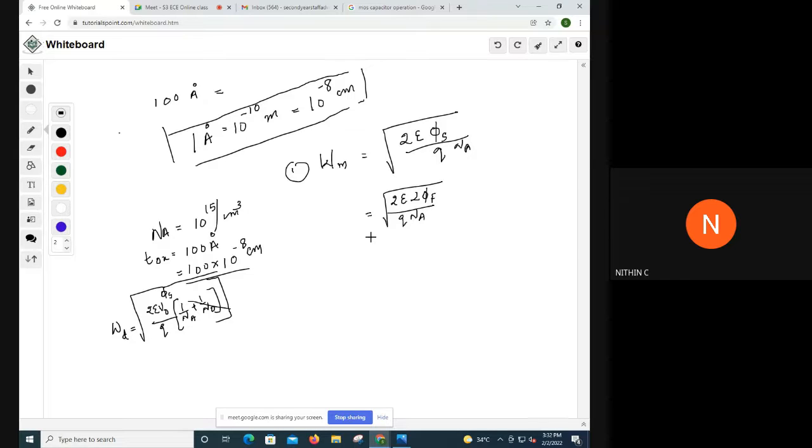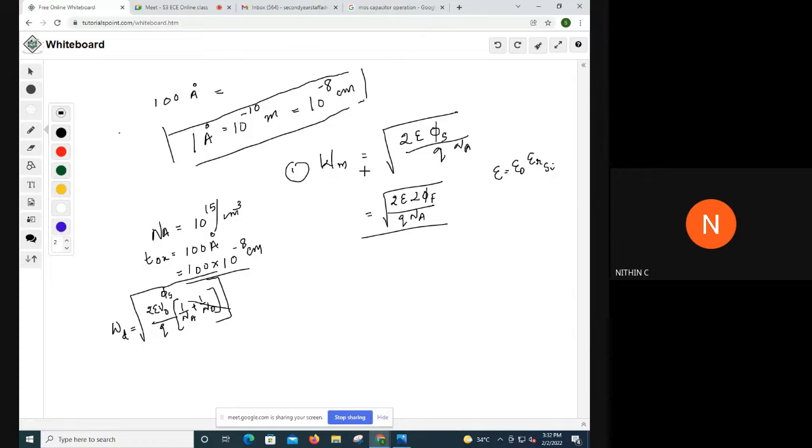Fine. Because you don't know the value of phi f, you will have to find it. The epsilon has to be replaced by epsilon 0 into epsilon R SI.